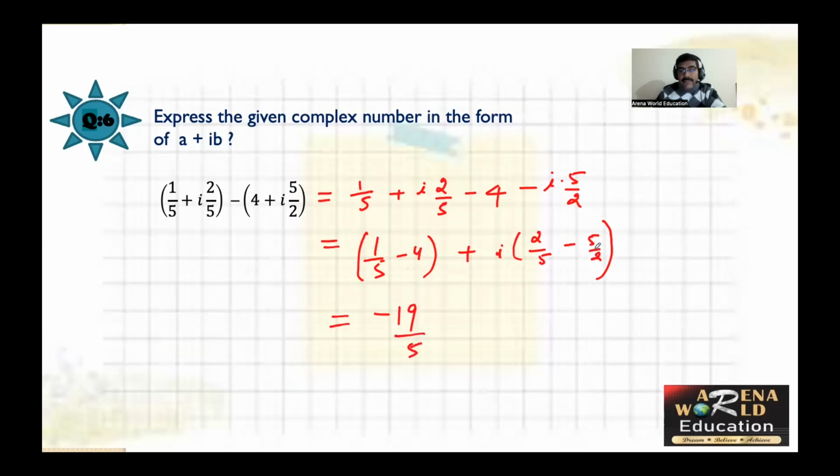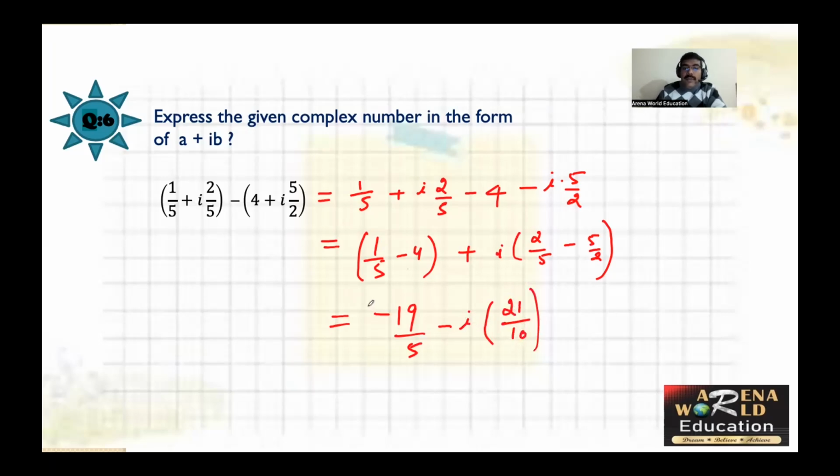If we see this one, 2 twos are 4, minus 5 fives are 25, right? So 4 minus 25, this will give us minus, yes, iota into 21 upon 10, right?